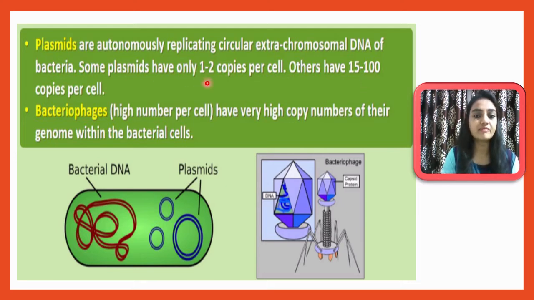So the number of plasmids may vary from 1 to 100. The second is the bacteriophage, which may be present in a high number per cell, with a very high copy number of its genome within the bacterial cell. So these two are the commonly utilized cloning vectors.